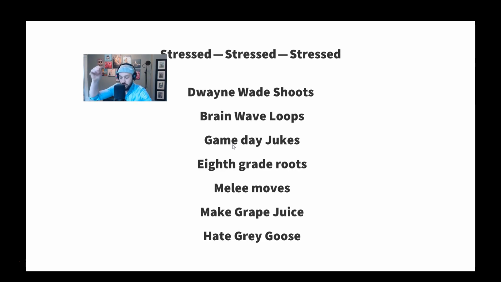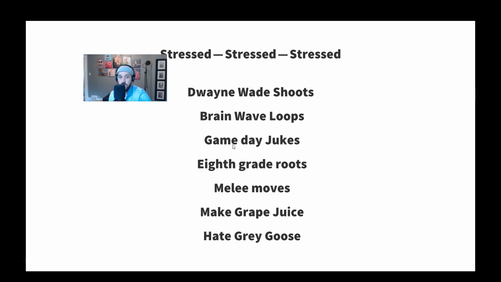And then with the stressed syllables, you still have the option for 3 syllable rhymes where it's all stresses, okay? So for example, if you wanted to rhyme Dwayne Wade shoots, those are all stressed syllables, okay? Because mostly it's 3 different words, right? It's almost like a compound 3 syllables, but it's not.